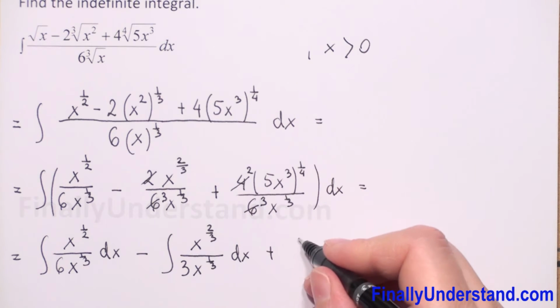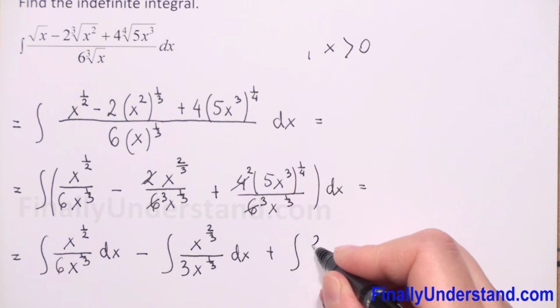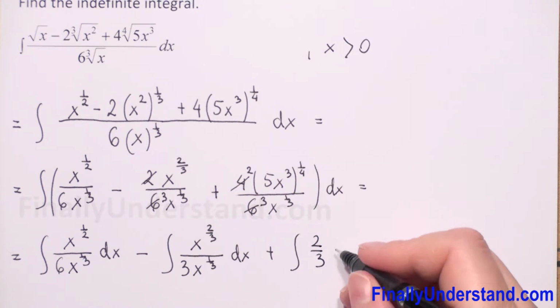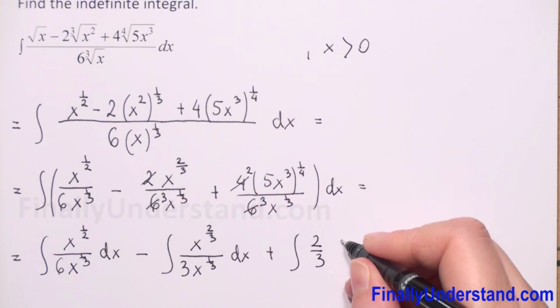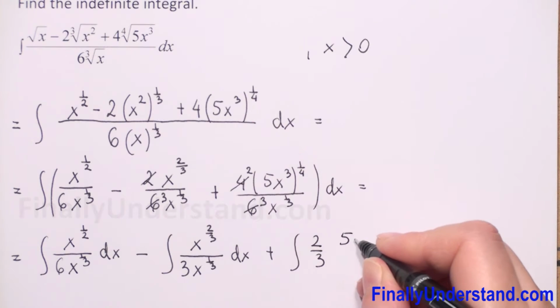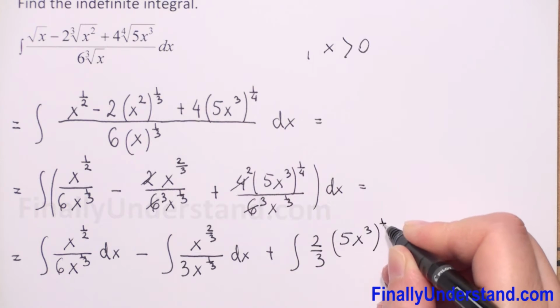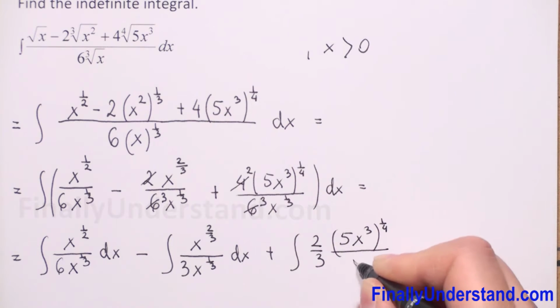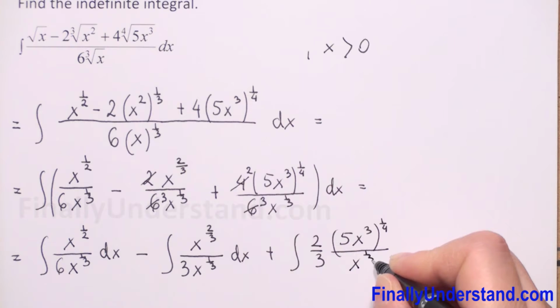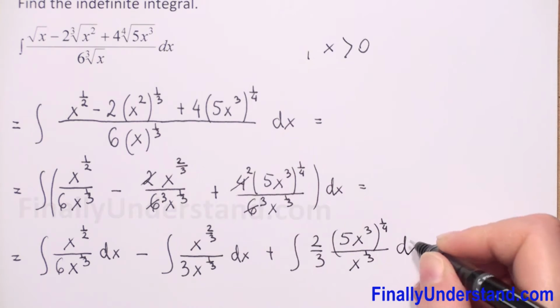So it will be the integral of 2/3 times, in the numerator, 5x to the third power to the power 1/4 over x to the power 1/3 with respect to x.